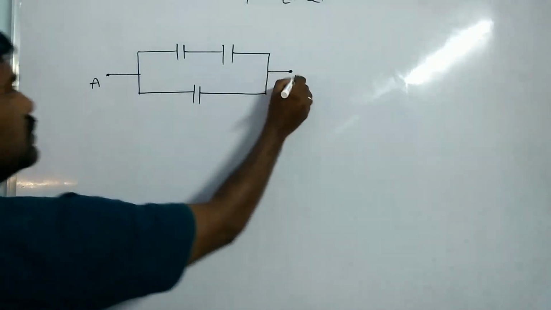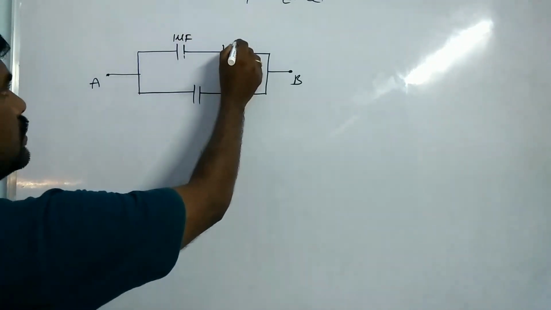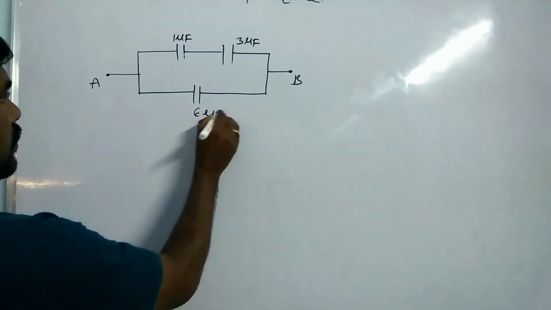This is A and this is B. This is 1 microfarad, 3 microfarad and 6 microfarad.